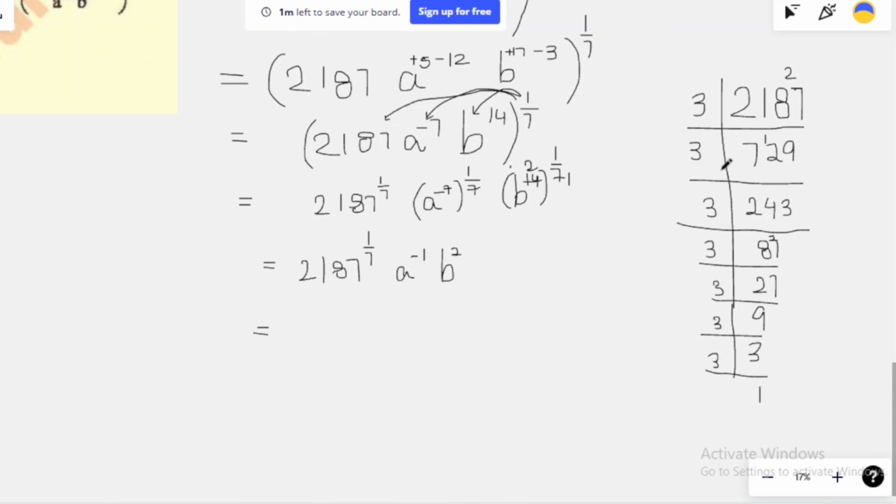So if we look here, all of the numbers we got are 3. All of the factors we got are 3. So 1 2 3 4 5 6 7. So we can write this 2187 as 3 raised to the power 7, because we want to find the 7th root of this 2187.